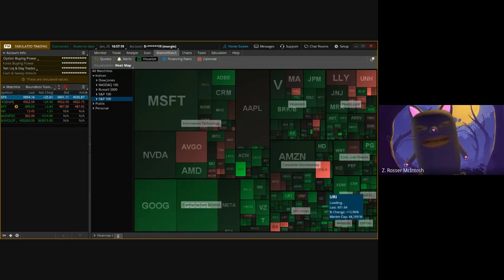Some platforms have that. Anyway, here we can see all the different companies, and how bright or dark the green or red is represents how much that company changed during trading today.